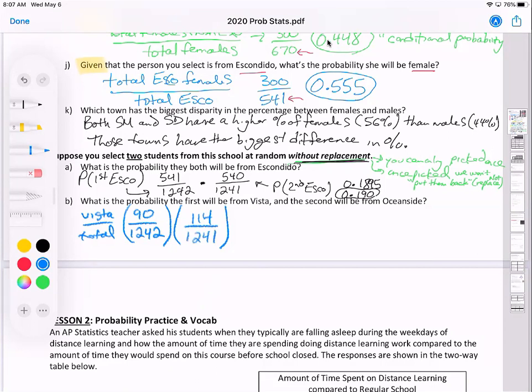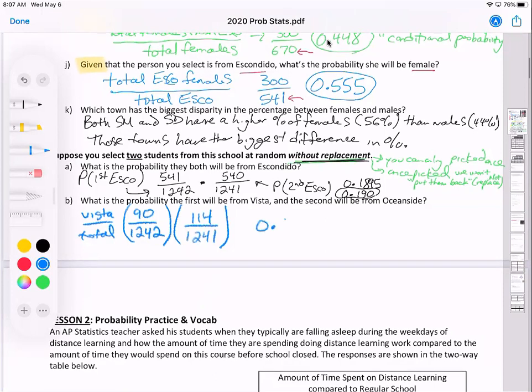So there's a very unlikely chance, 0.0067. I'll round that to 4 decimal places since it's a smaller number. So that would be our probability. It's very unlikely that you would get a student from Vista and then a student from Oceanside.